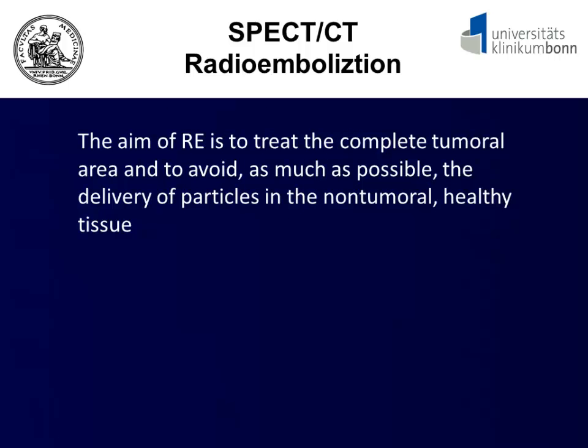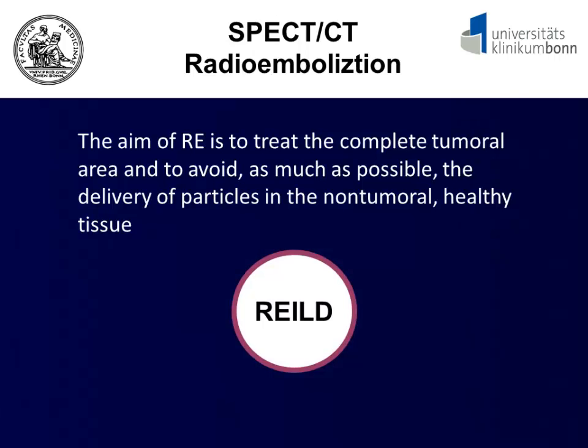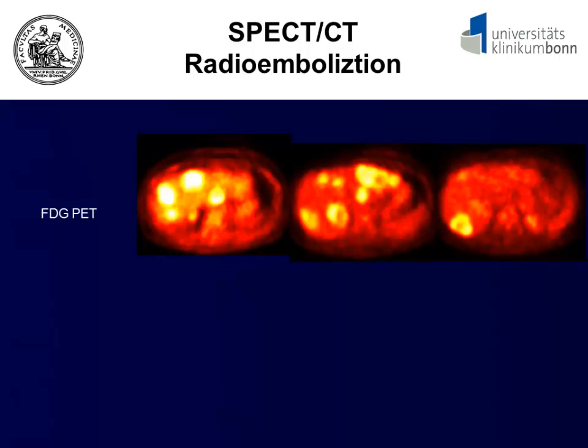As you know, the aim of radioembolization is to treat the complete tumoral area and to avoid as much as possible the delivery of particles to the non-tumoral healthy tissue of the liver, to avoid so-called radioembolization-induced liver disease. Here I show you one example from a patient with colon carcinoma in FDG PET CT.